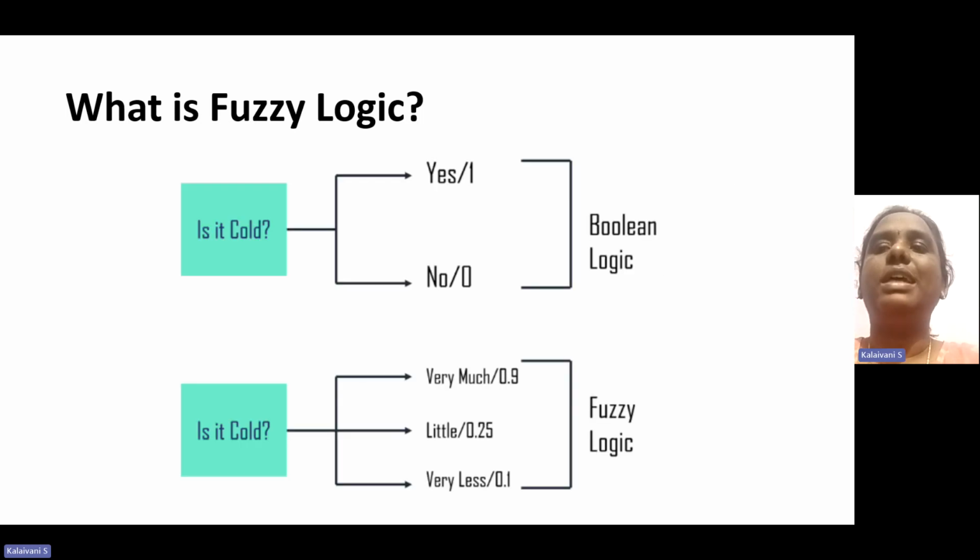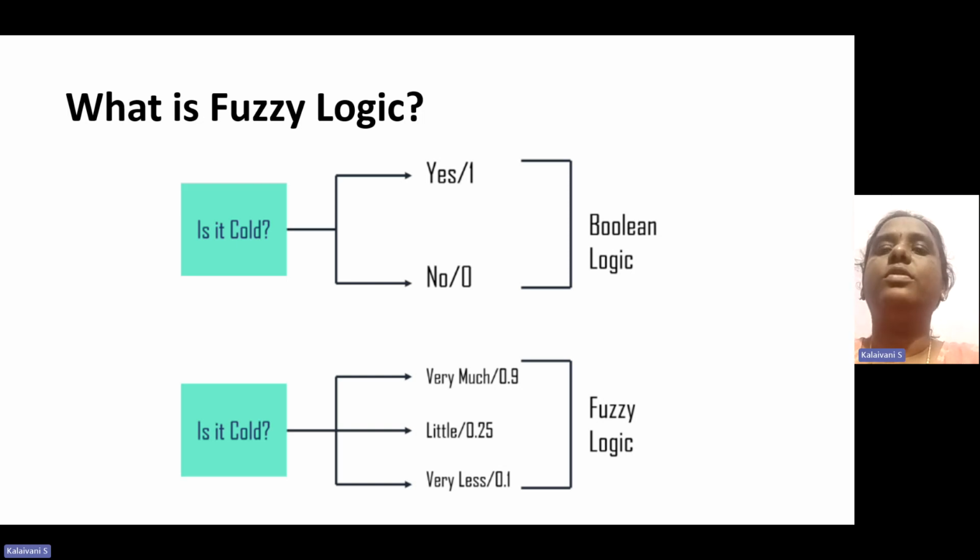In this slide, they have given the major difference between fuzzy logic and Boolean logic, which is classical logic. If the question is whether it is cold, with the help of Boolean logic we can tell either yes, if it is cold, or no, if it is not cold. Then what about the remaining cases? If it is a little cold, or very chill, these kinds of values should also have an impact on the results.